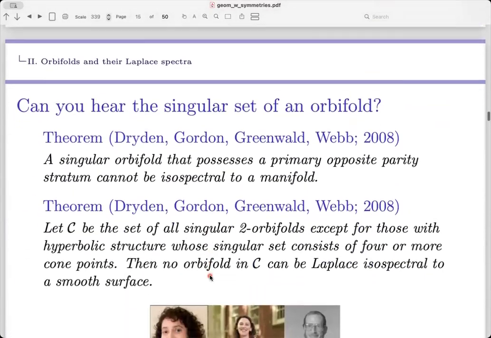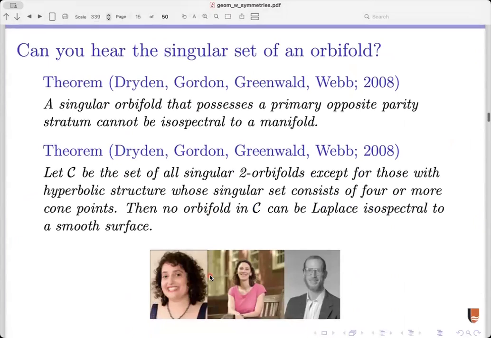And then I want to talk about this really nice result from Emily Dryden and then Carolyn Gordon, Sarah Greenwald, and David Webb. And this sets us up for the later results I'll talk about when we pull in the Hodge spectrum. So they showed in 2008 that a singular orbifold that possesses a primary opposite parity stratum cannot be isospectral to a manifold.